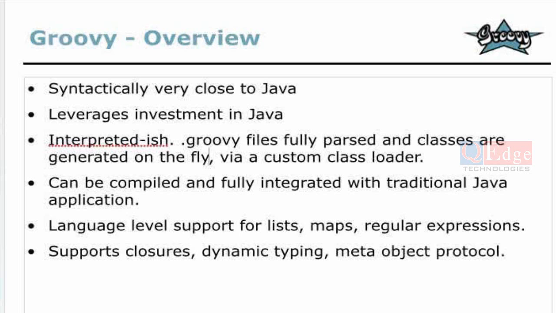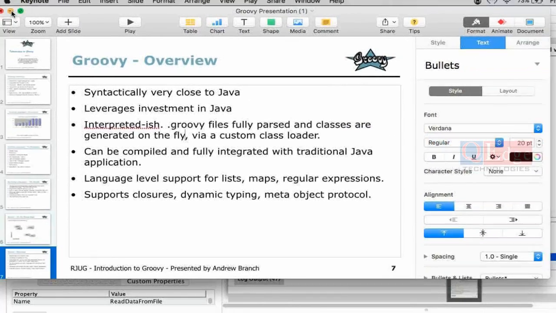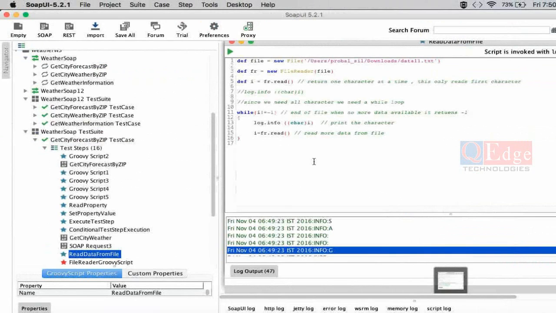That is why Groovy is chosen, and moreover, it is very lightweight. It can run very fast compared to any other programming language, almost at the same speed as Python. That is the reason they have chosen the Groovy script.